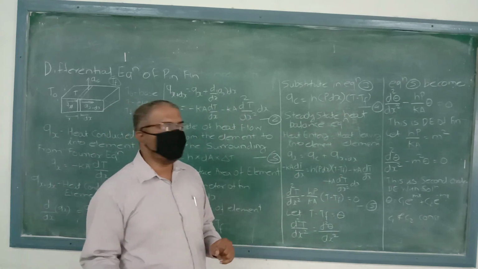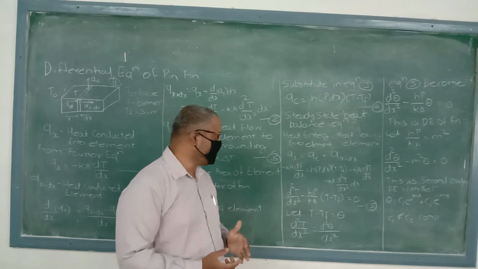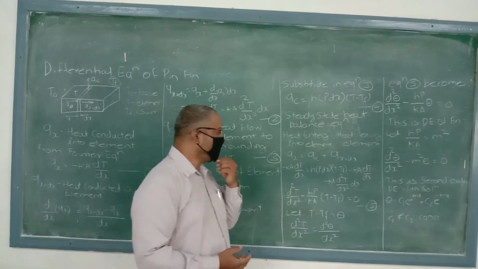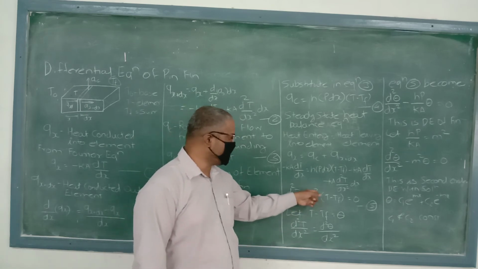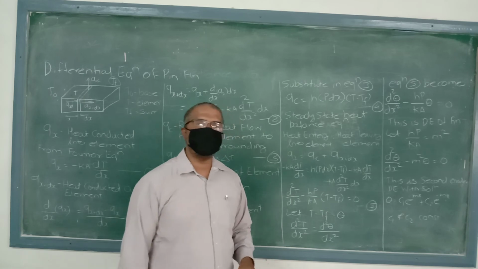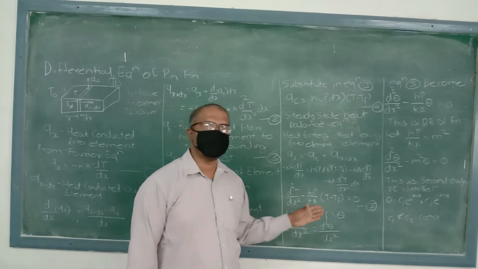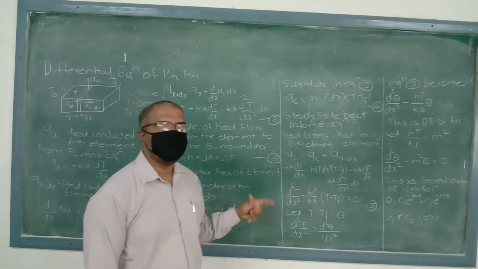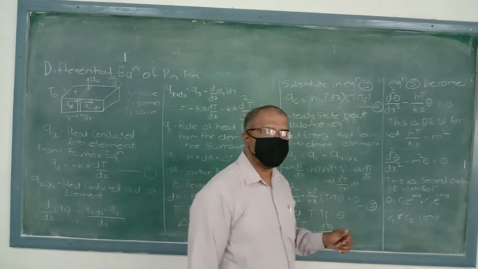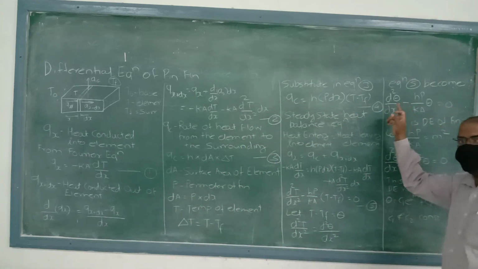Next we have applied the energy balance equation. While applying it, we got the equation d square T upon dx square minus hP by k into bracket T minus Tf is equal to 0. Here we have substituted T minus Tf is equal to theta, and for d square T upon dx square we can substitute d square theta upon dx square.